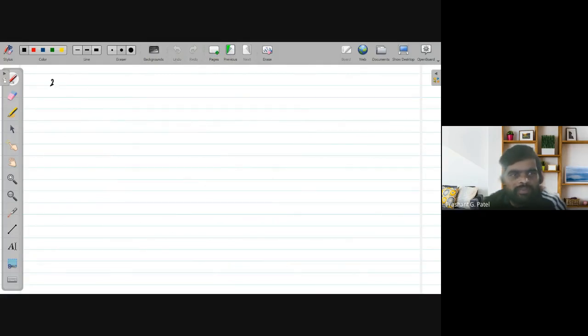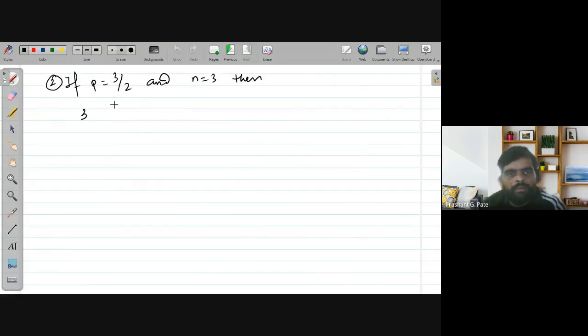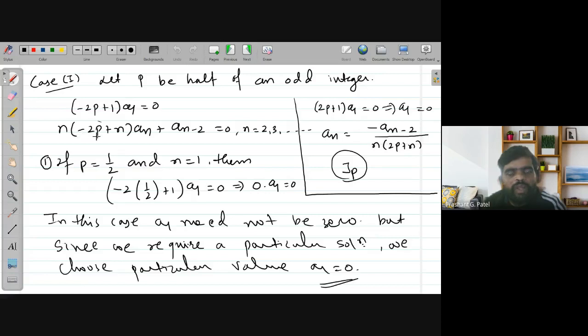Now the second thing, if p is 3 by 2 and n equal to 3, then as per this second equation, that is n into minus 2p plus n.